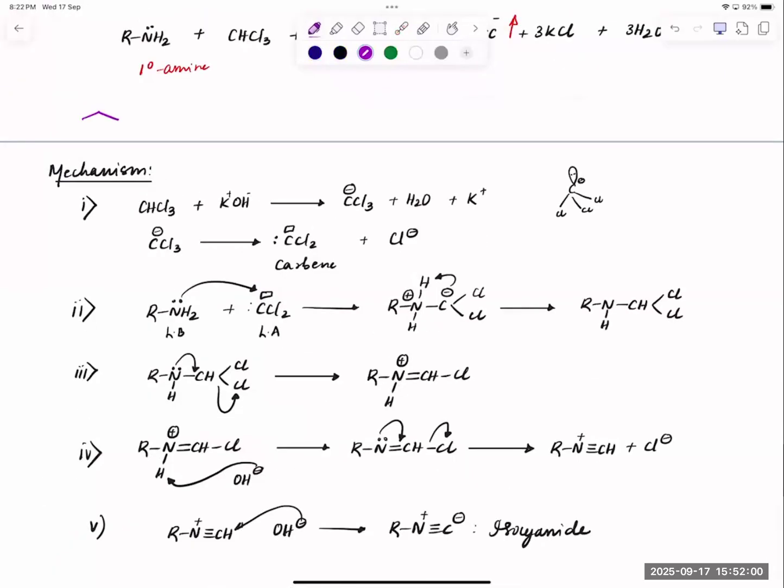Any kind of primary amines, or you can use benzyl primary amines, or you can use simply CH3NH2. All give positive carbylamine test. Okay, so this is carbylamine test.